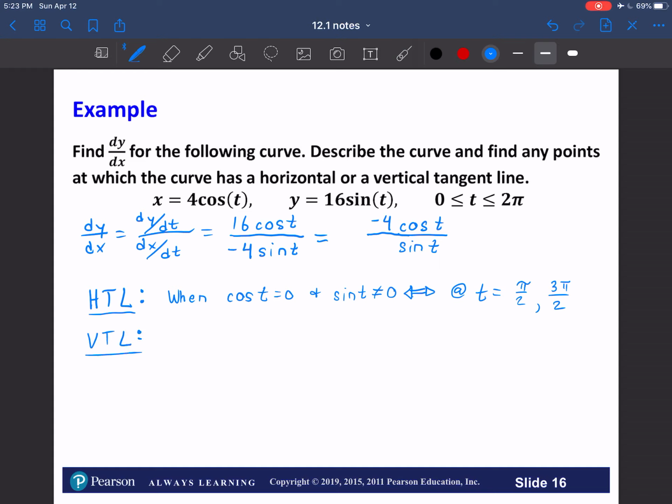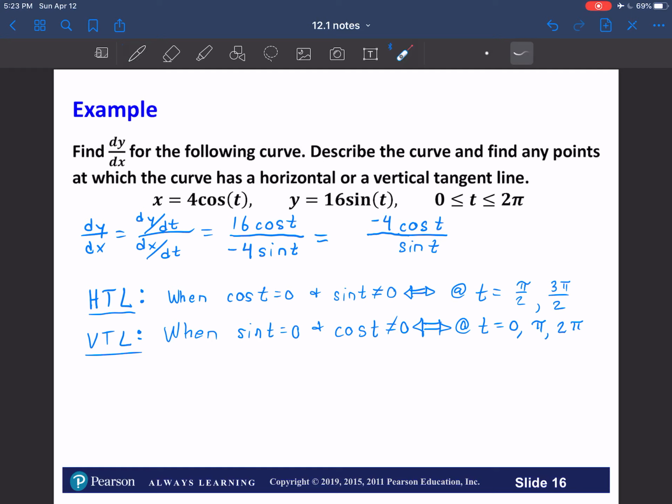A vertical tangent line occurs when sine of t equals 0 and cosine of t is non-zero. Alright, so sine of t is equal to 0 at 0, pi, and since 2 pi is included as well, we will go ahead and include that point: 0, pi and 2 pi.